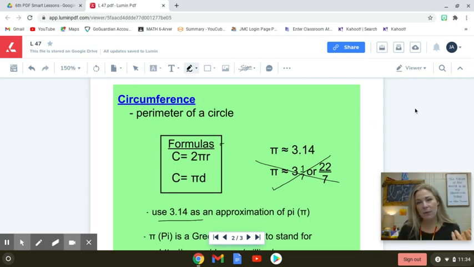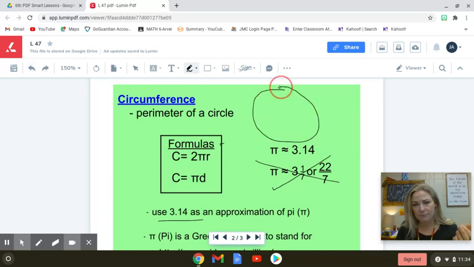Just to review really quickly what we know about circles, we know that if we're looking at a circle, use your imagination and pretend that that is accurate. Okay, so when we're working with a circle, the distance across in any direction, completely across the center of a circle, is referred to as the diameter.